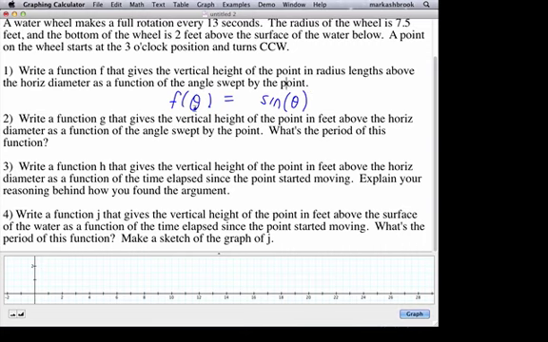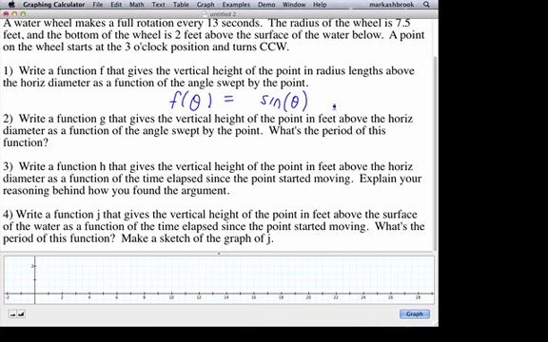And that's what we got. So we don't want to divide it by anything because the input is angle, and that's what goes into sine. Does this give us radius lengths above horizontal diameter? Yeah, that's what sine is. That's exactly what just the plain old sine function is. The way I'm defining it here is exactly what sine is.